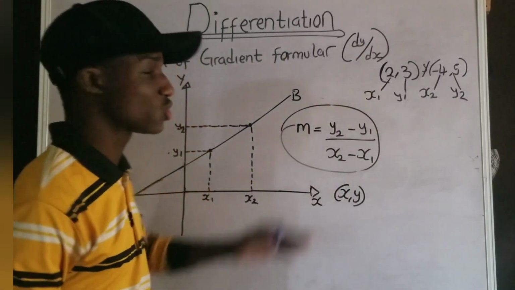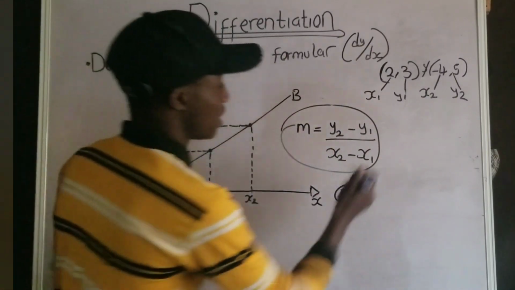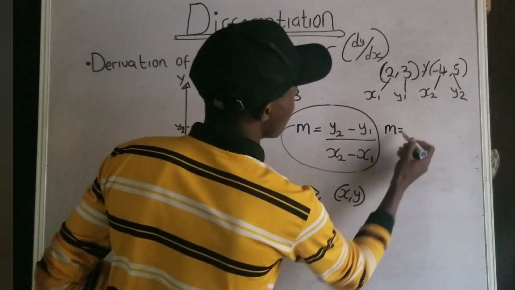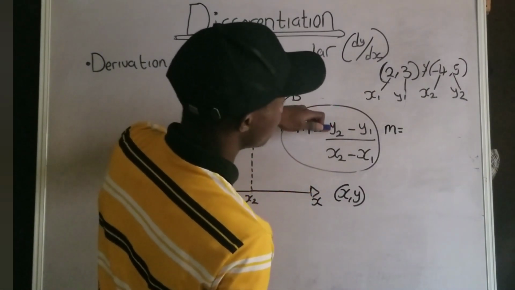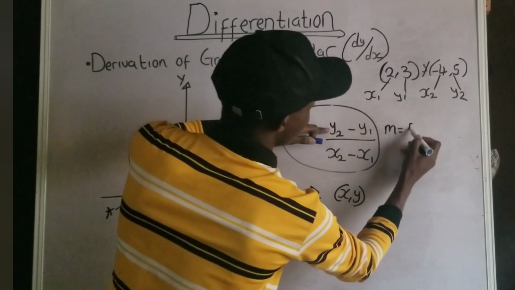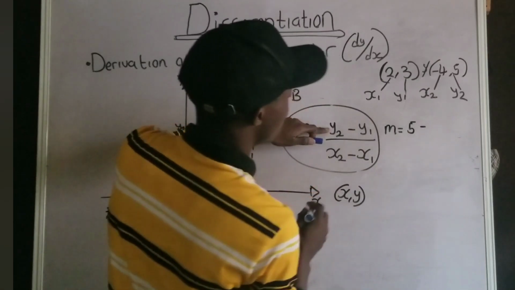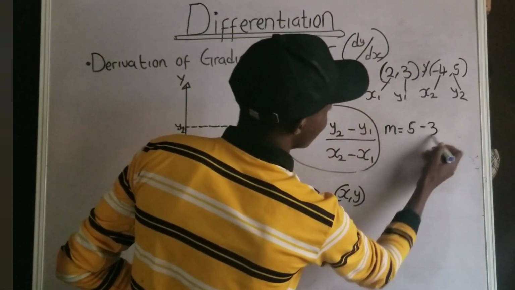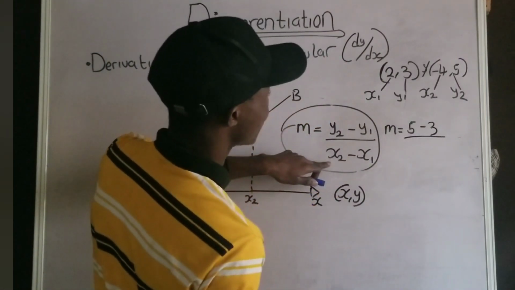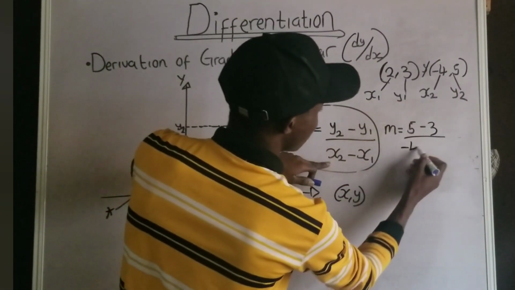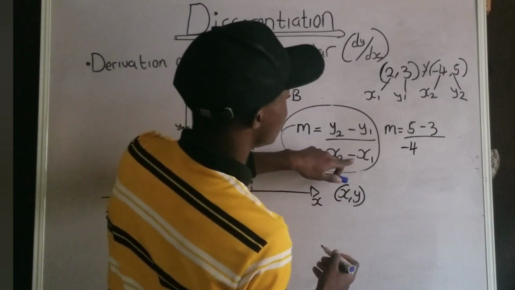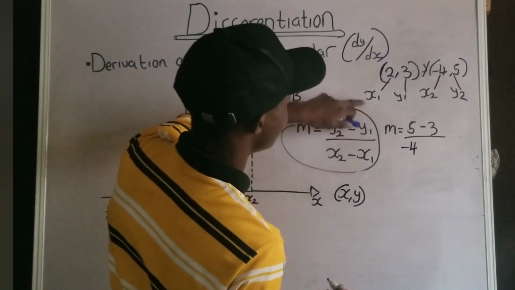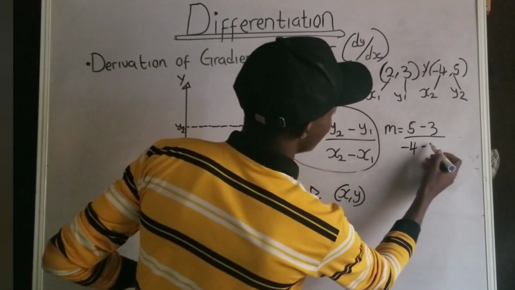The next step is just to substitute all this into the formula. So m, which is the gradient, is equal to y2, which is 5, minus y1, which is 3, all over x2, which is minus 4, minus x1, which is 2.